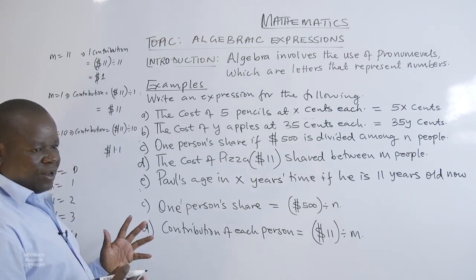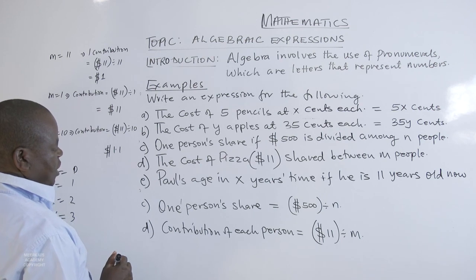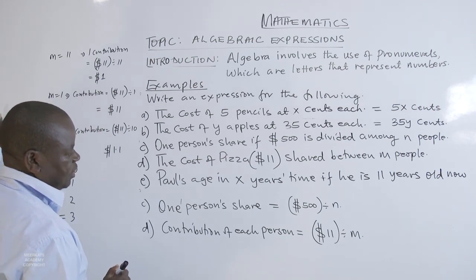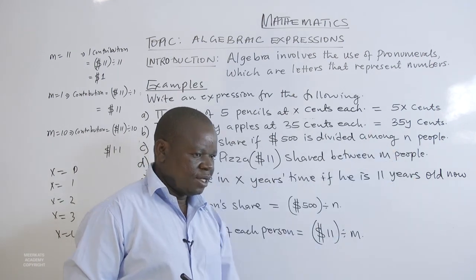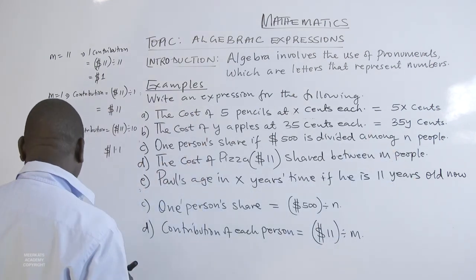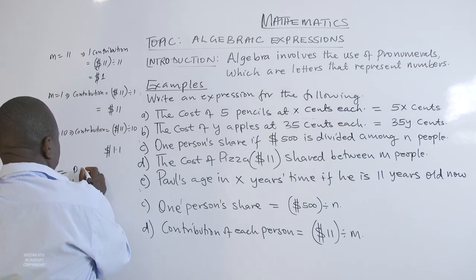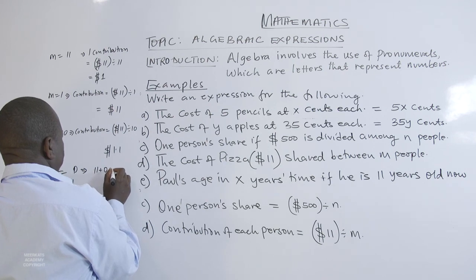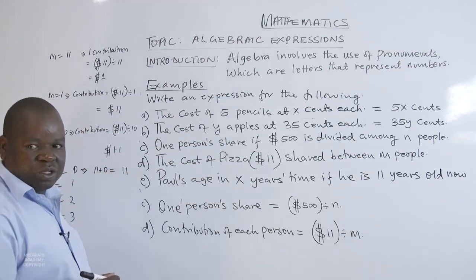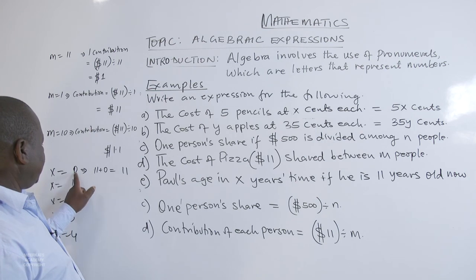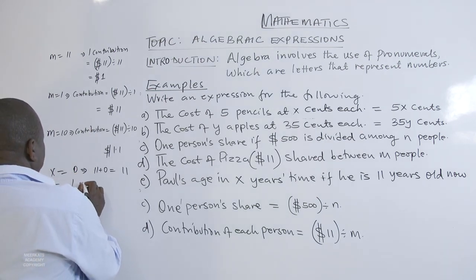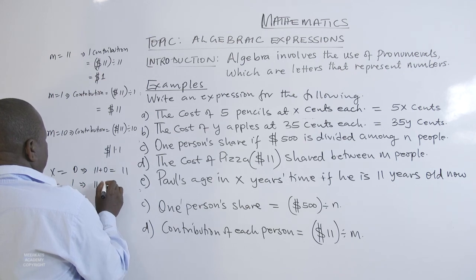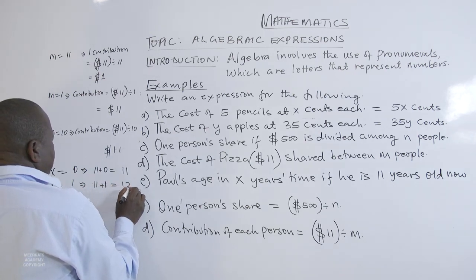So X can be any number. So in the next X years, we take his present age and add the X years that are coming. So when X is 0, his new age will be 11 plus 0, which is just 11. When X is 1, his new age will be 11 plus 1, which is 12 years.